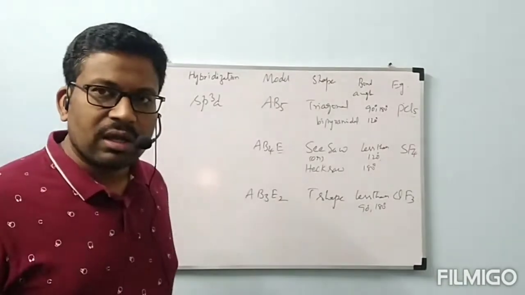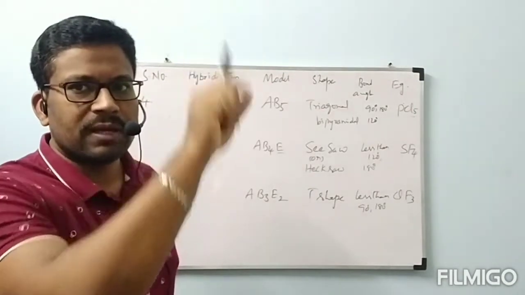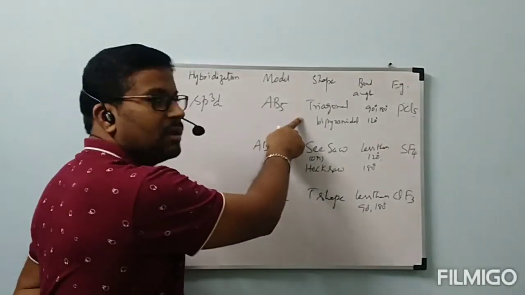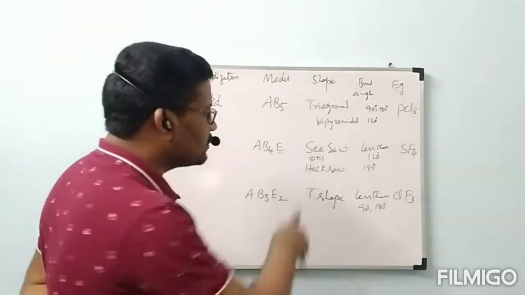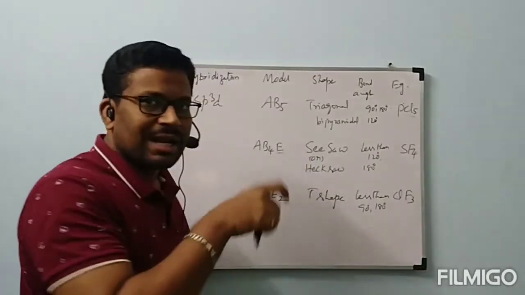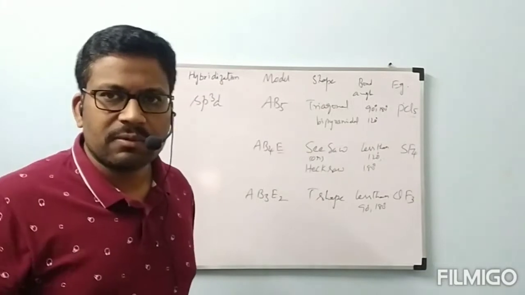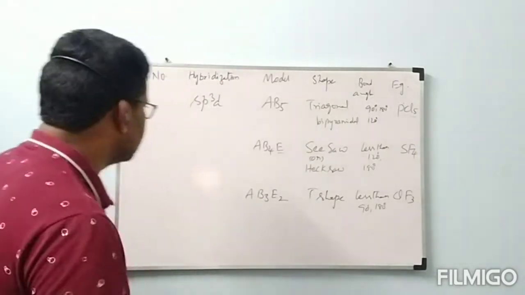According to the model, in what way we have to remember. See, total number of bond pairs, trigonal bipyramidal. In that, one bond pair is decreased. Then what about the structure? Again one more bond pair is decreased. Then what about the structure? Like that, in an order wise, if you are able to remember, it is easy to remember. No problem. Okay, next.